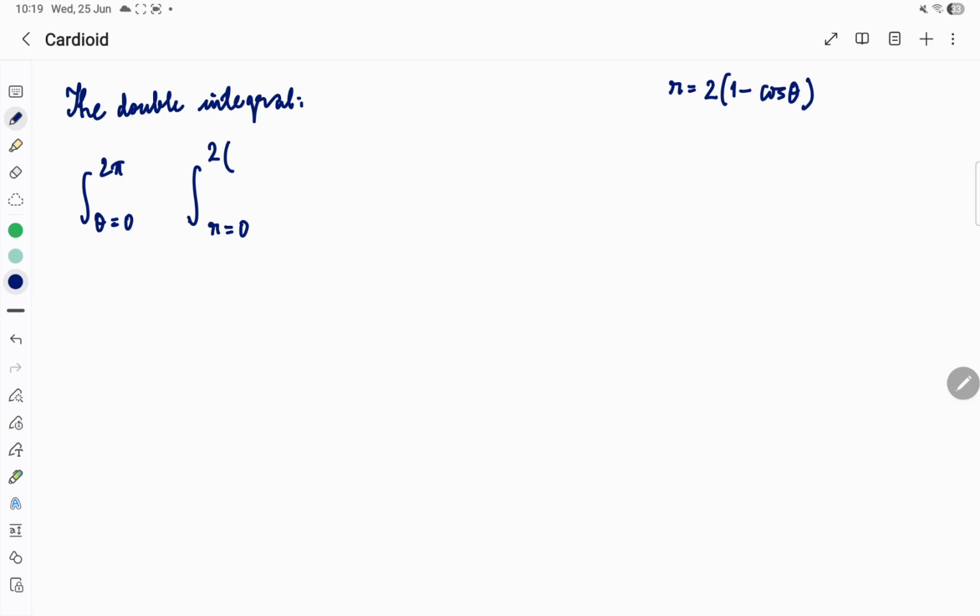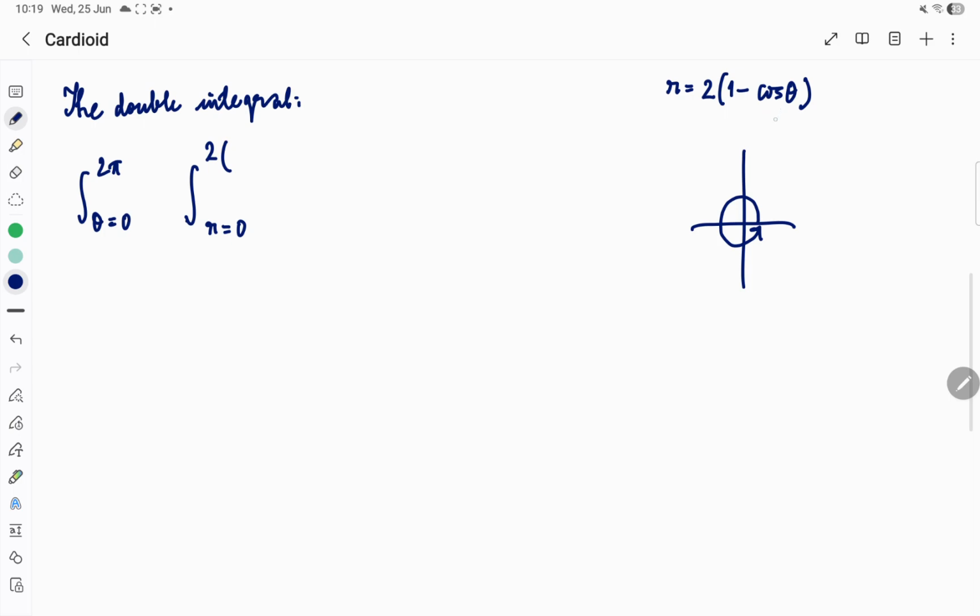So the range of theta goes from 0 to 2 pi, and r goes from, let's say I don't know what the shape is. Anyway, this boundary is given by this r distance, if this is r, 2 into 1 minus cos theta.